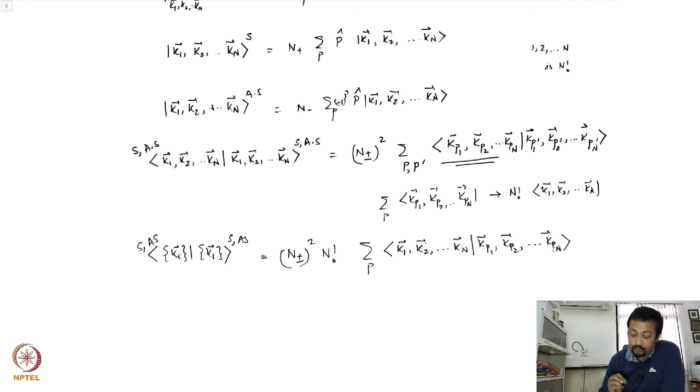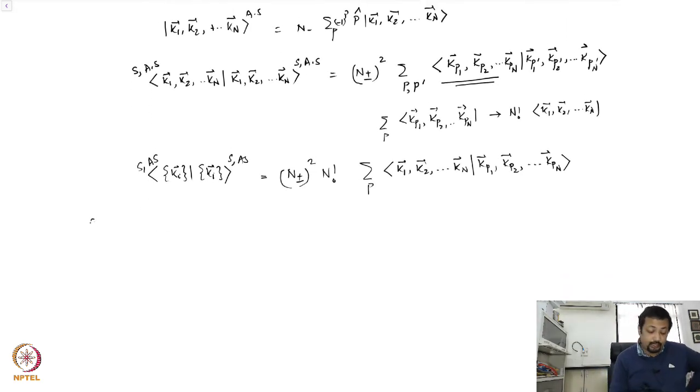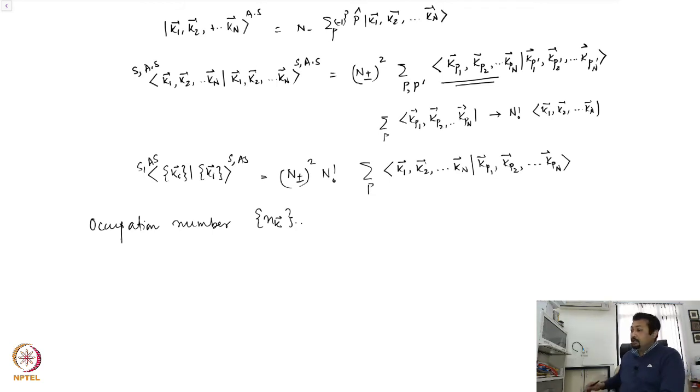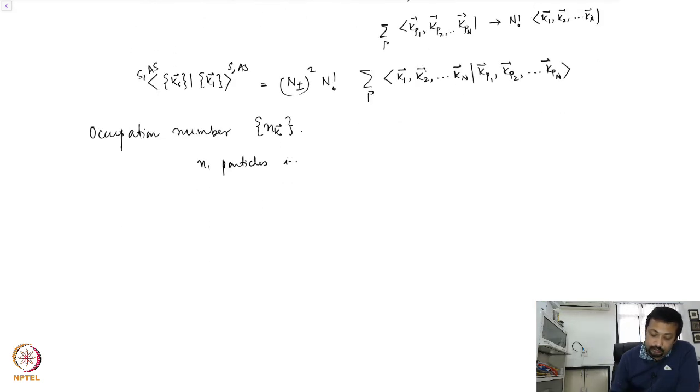So now we bring in the concept of the occupation number n of k, which means that there are n1 particles in k1, n2 particles in k2, so on and so forth.